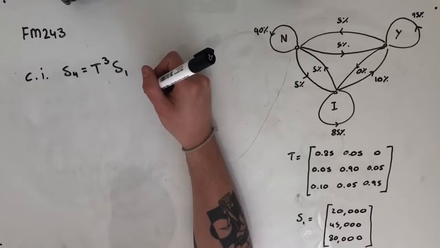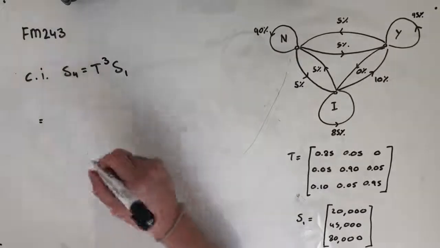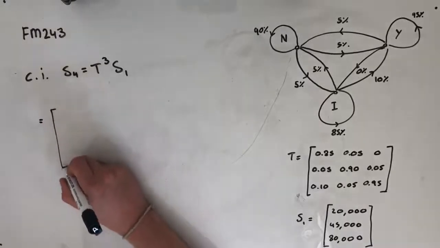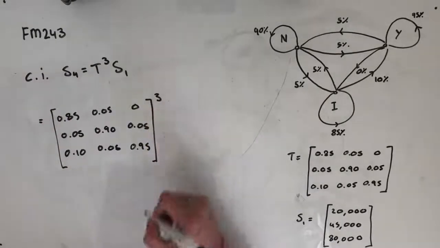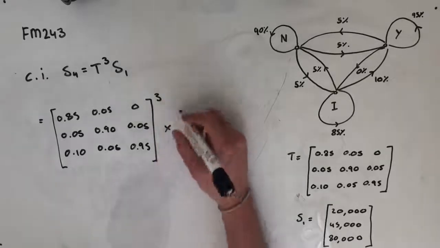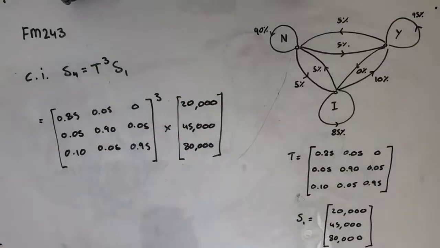Write the elements correct to the nearest whole number. So what we're going to be looking at here is taking our transition matrix, taking that to the power of 3, and multiplying that by our state matrix, just like that.